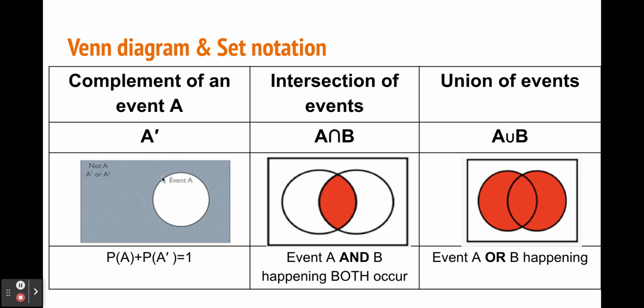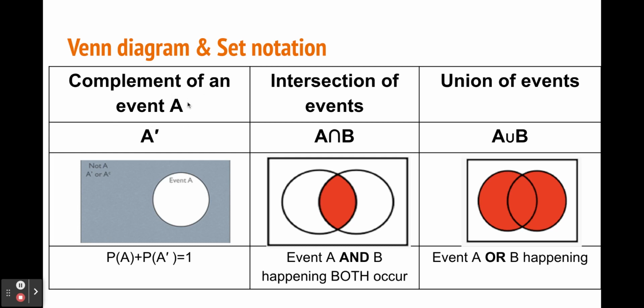Then you're going to see some circles. These circles represent the event that are happening. So when we have a circle and we have some numbers or some names inside, that means that it's happening in that event. Anything outside of this circle is not happening for that event. And that's what we call the complement of an event.